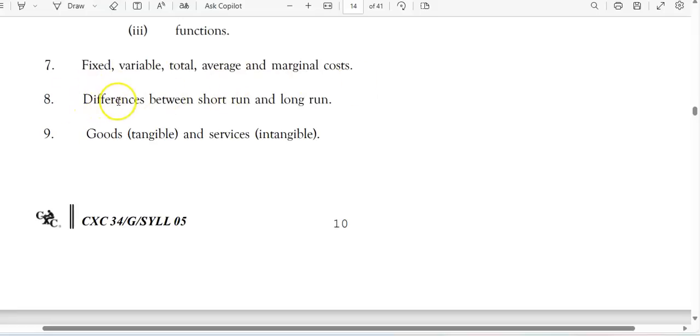Now we're going to look at the differences between short run and long run. Short run in economics is a period in which at least one factor of production is fixed, usually capital, such as buildings or machines, while other inputs like labor or raw materials can be varied. Firms cannot change their factory size.